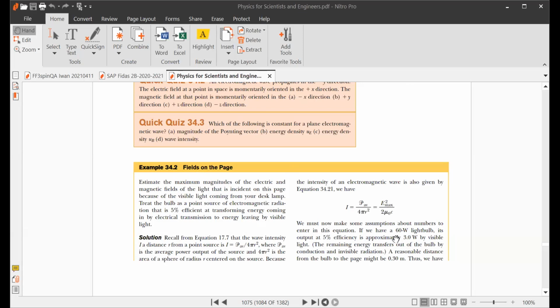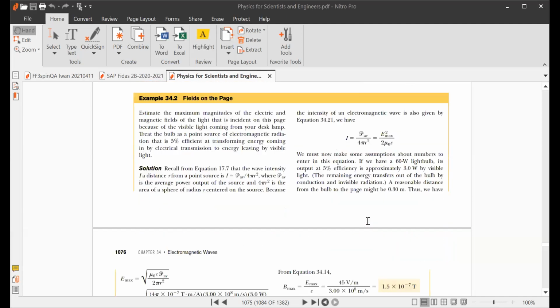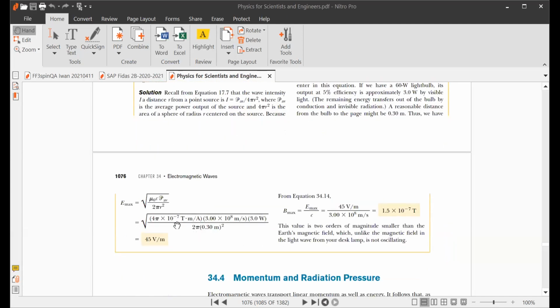So approximately, for example, we have this 60 watt light bulb. Its output at 5% efficiency is approximately 3 watt by visible light. So this Emax here is square root of mu 0 c P average over 2 pi r squared.